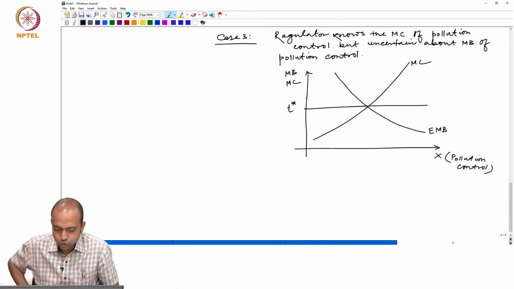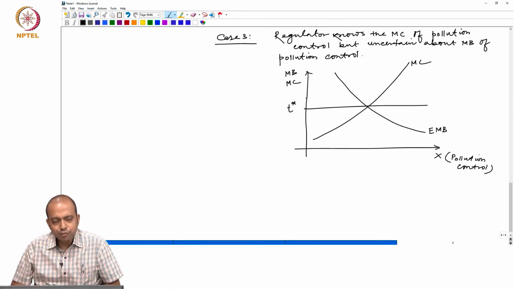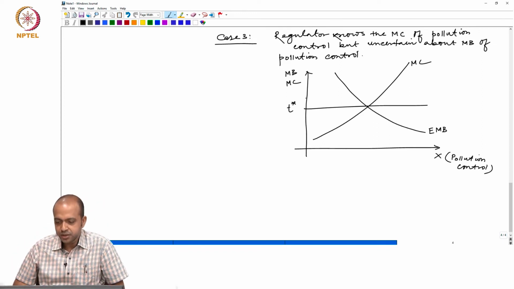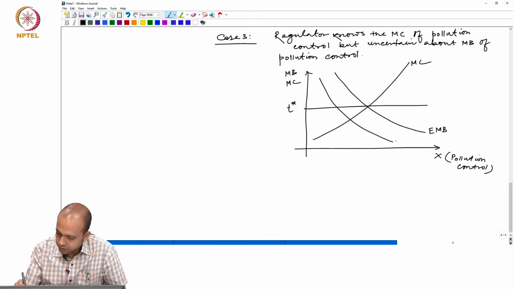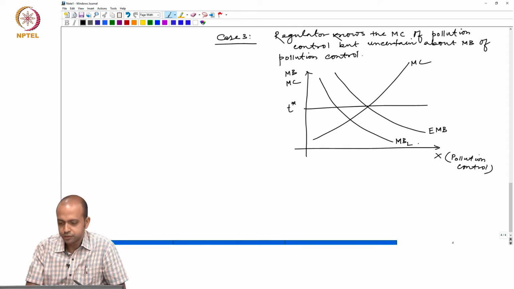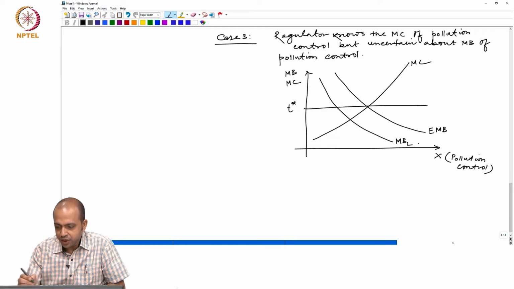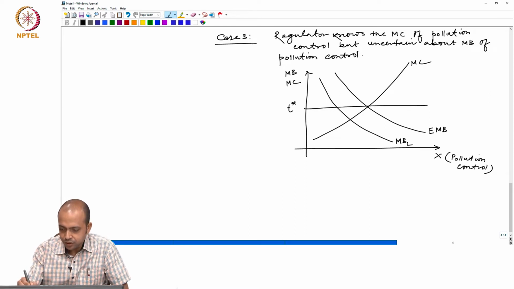Let us now suppose that the actual marginal benefit is lower than what we expected. So, this is the marginal benefit. This is MB, let us say lower. So, where is the private optima? Private optima is decided here, T equals to MC.